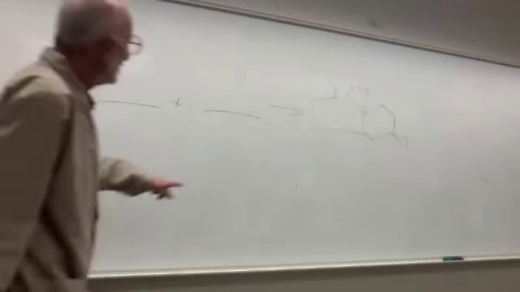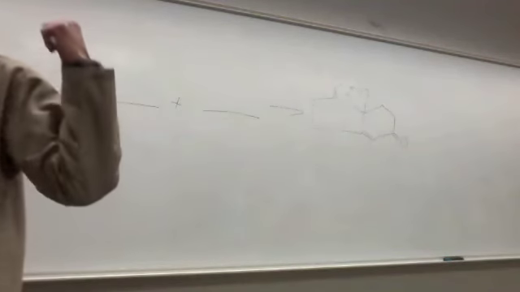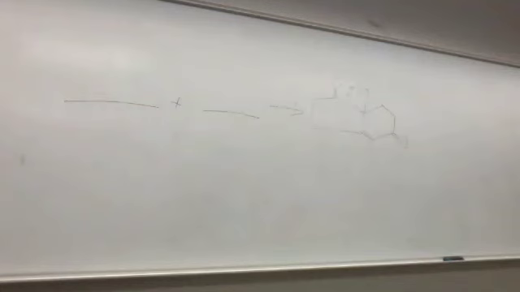Okay, so how does one picture what this once was in a prior life? Now, if you recall the Robinson annulation slide, it starts off doing a Michael addition to an alpha-beta unsaturated carbonyl system.